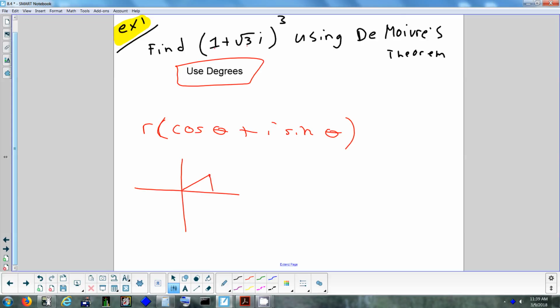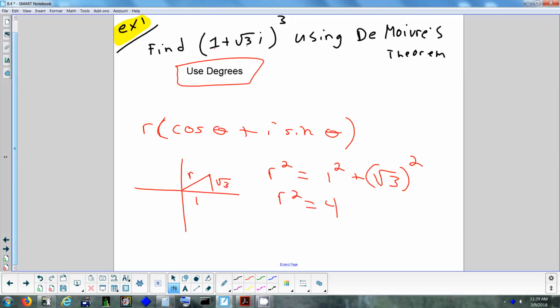So, this side is 1. That side is square root of 3. How would I get my radius? Use the Pythagorean Theorem. r squared equals x squared plus y squared.